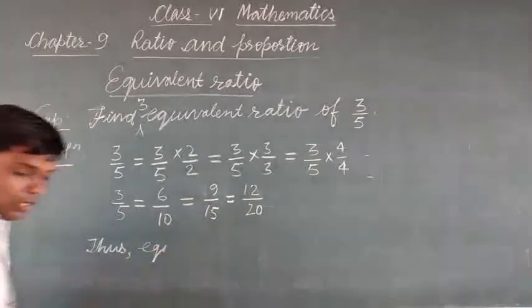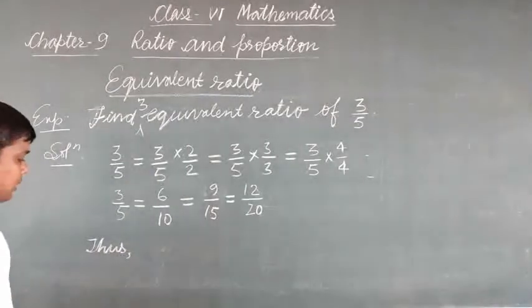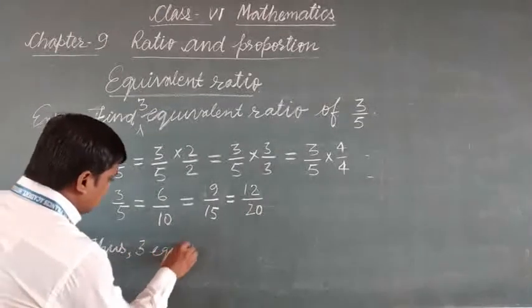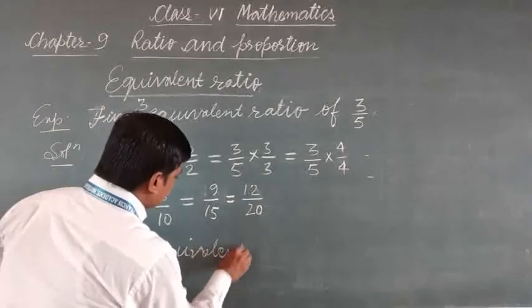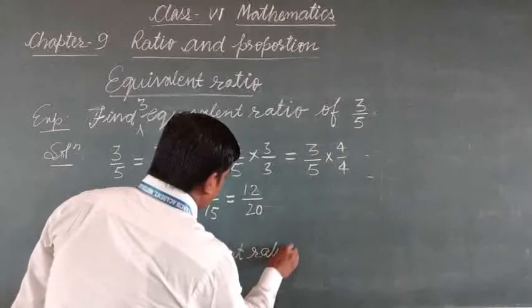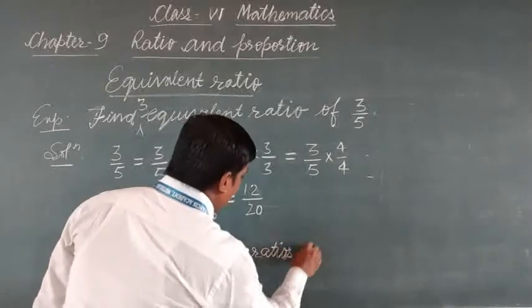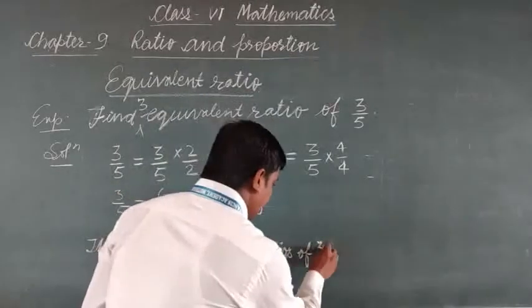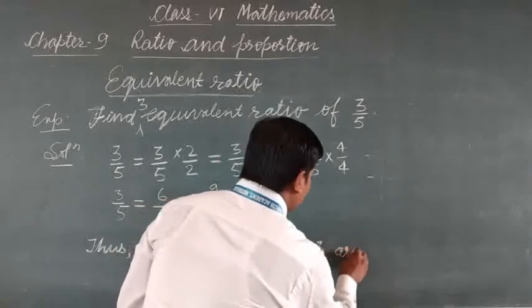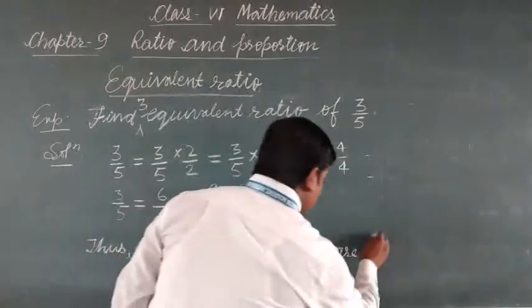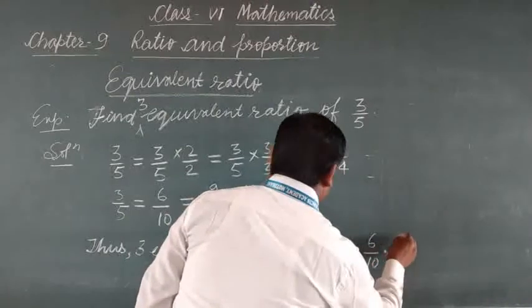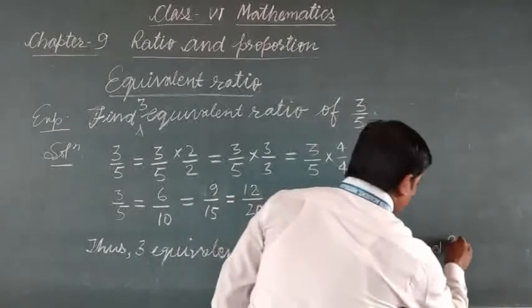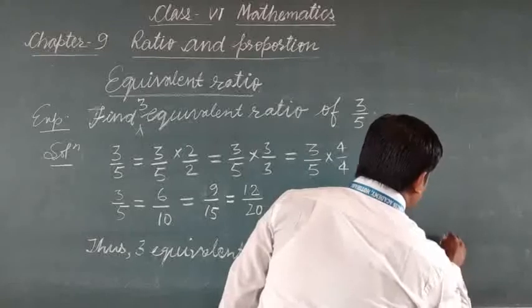Thus, 3 equivalent ratios of 3 by 5 are 6 by 10, 9 by 15 and 12 by 20.